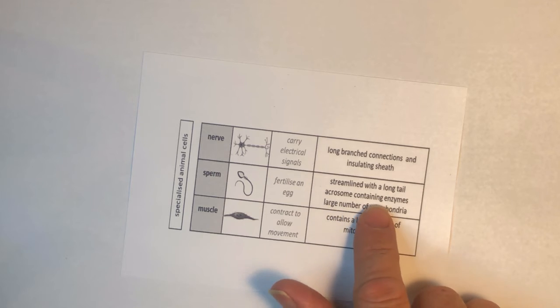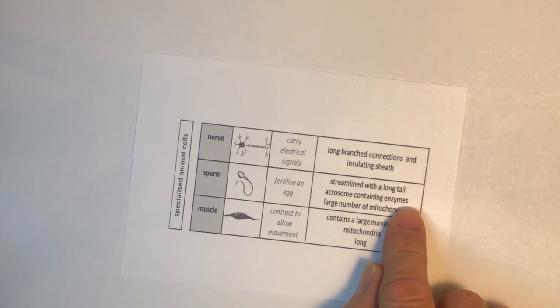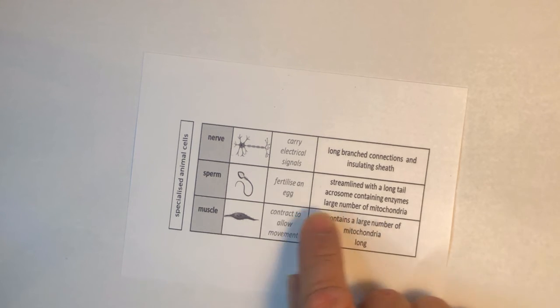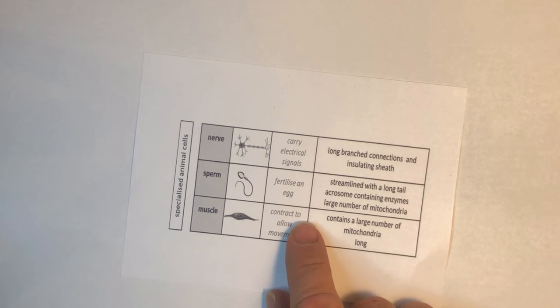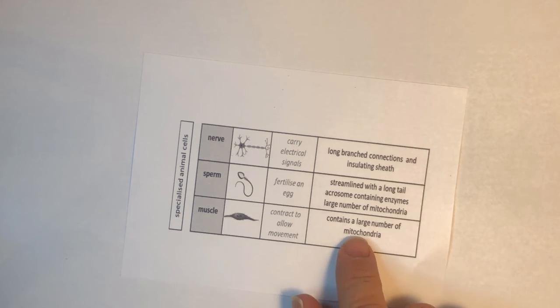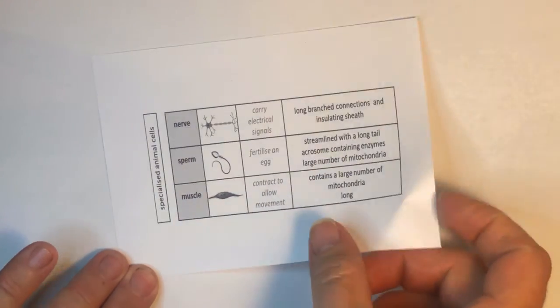It has an acrosome containing enzymes to break into the egg, and it has a large number of mitochondria to give it a considerable amount of energy. A muscle contracts to allow movement, and it also contains a large number of mitochondria, and a muscle cell is also very long.